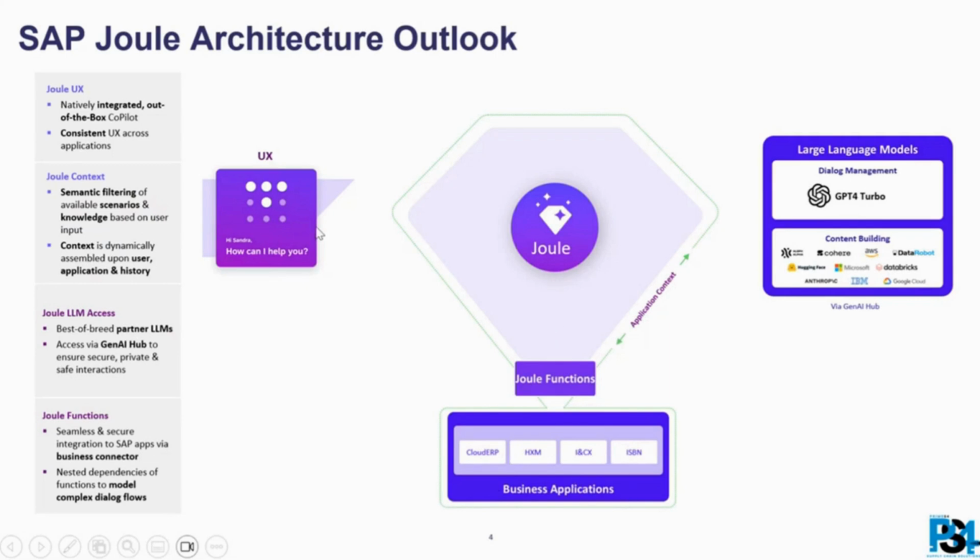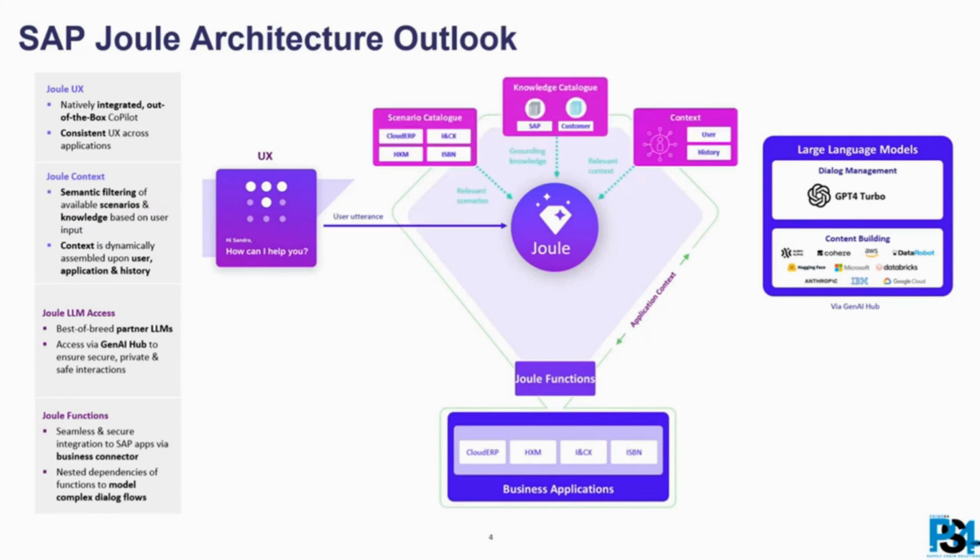This is an older version of the Joule architecture, but it helps us understand how Joule works. For example, first the user makes a call, and then it identifies the context, what the question is all about. This is how unstructured data is used to provide insights.